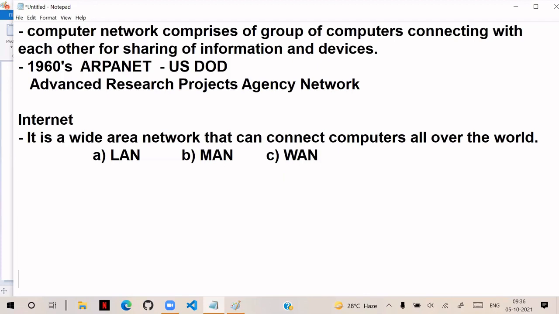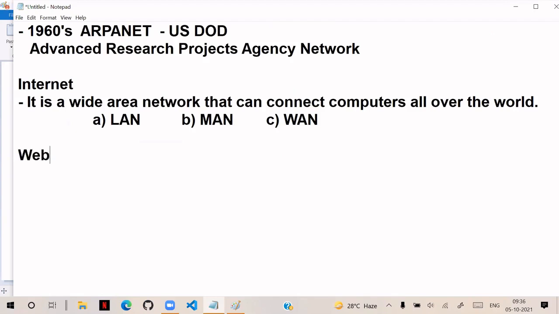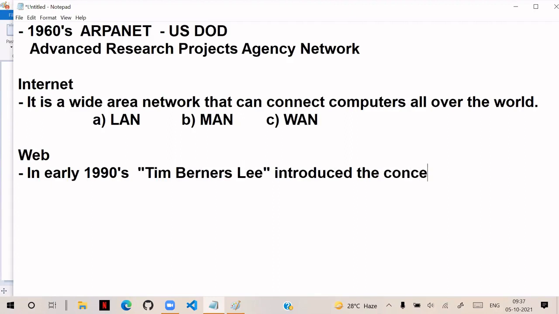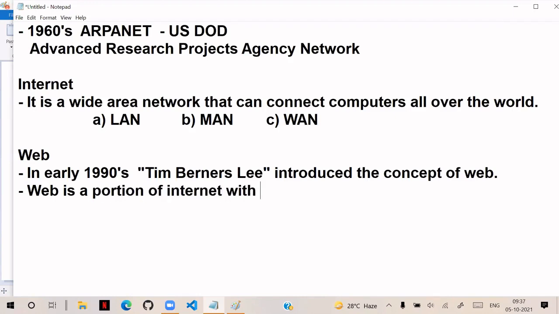That's the reason that in the early 1990s, Tim Berners-Lee introduced the concept of web. What is actually the concept of web?